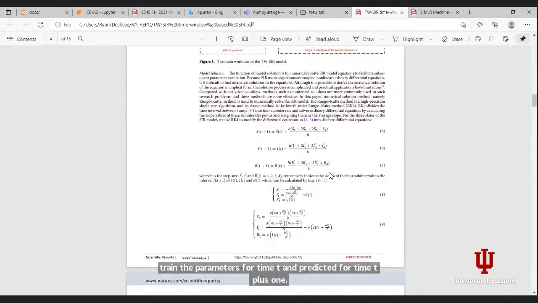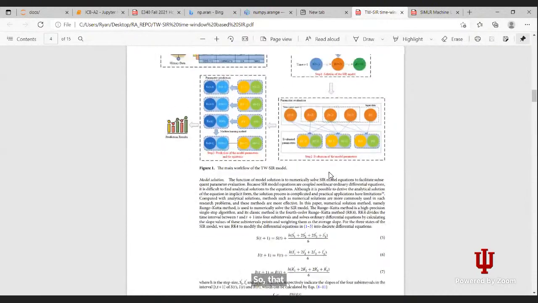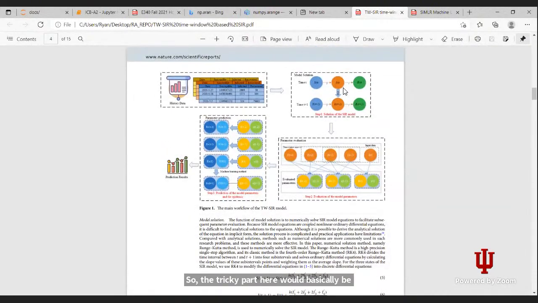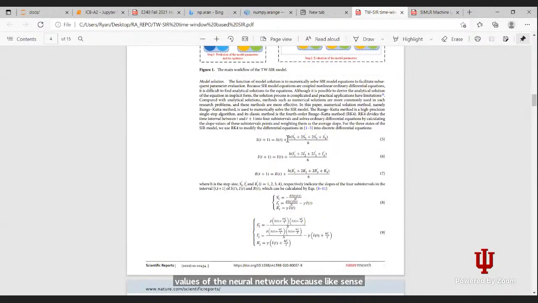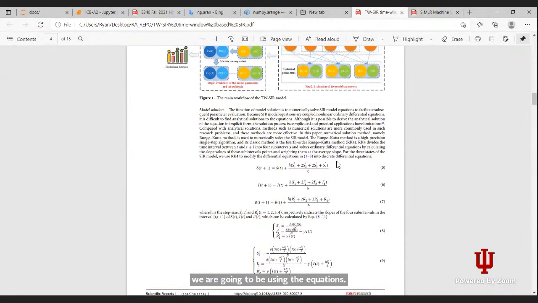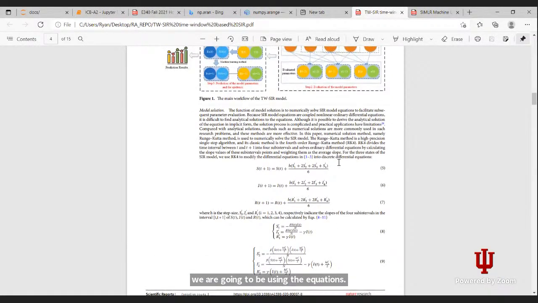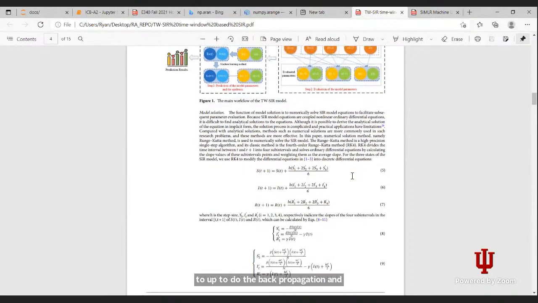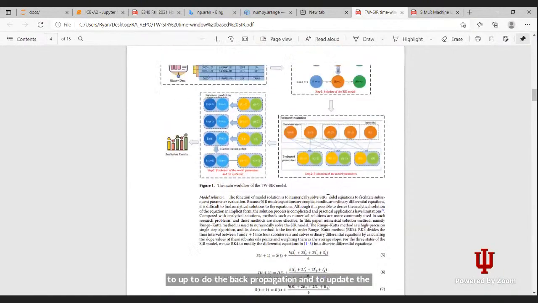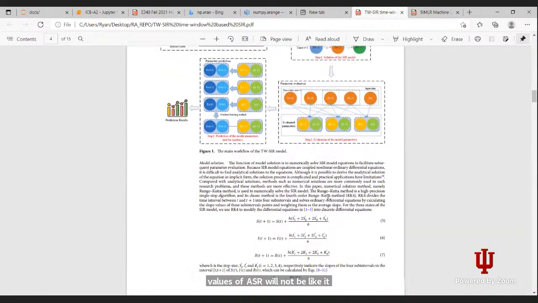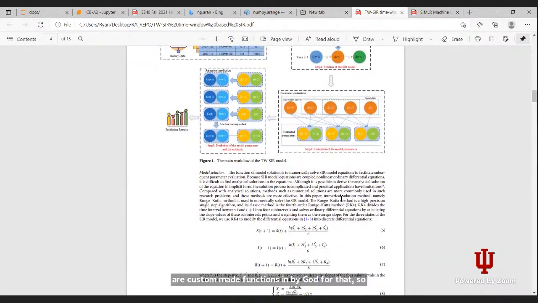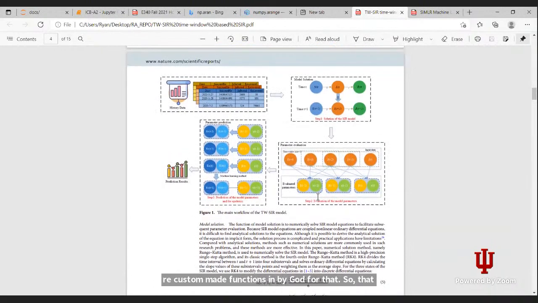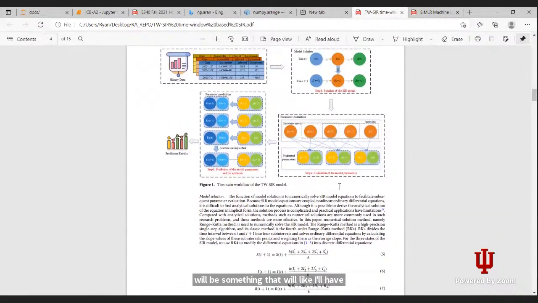The tricky part here would be updating the values of the neural network, since we are going to be using ODE equations to do the backpropagation and to update the values of SIR. I don't think there are custom-made functions in PyTorch for that, so I'll have to work on that a little bit.